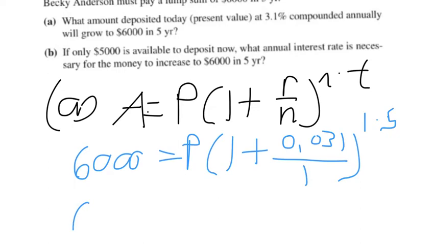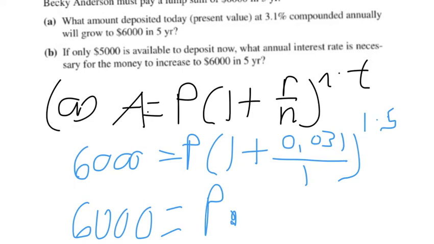So to simplify this, that would be 6,000 is equal to P times the parentheses 0.031 over 1 is just 0.031, plus 1 would be 1.031. The exponent 1 times 5 would just be 5.